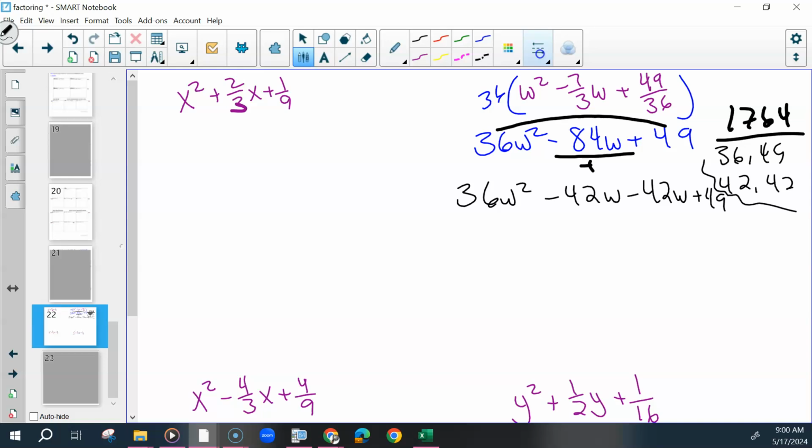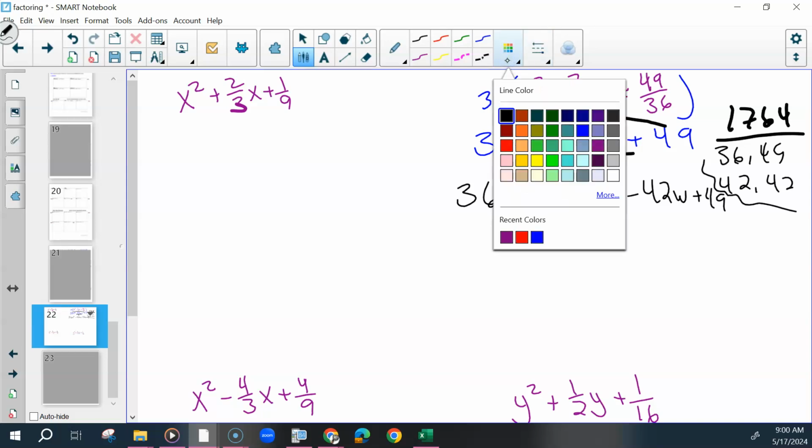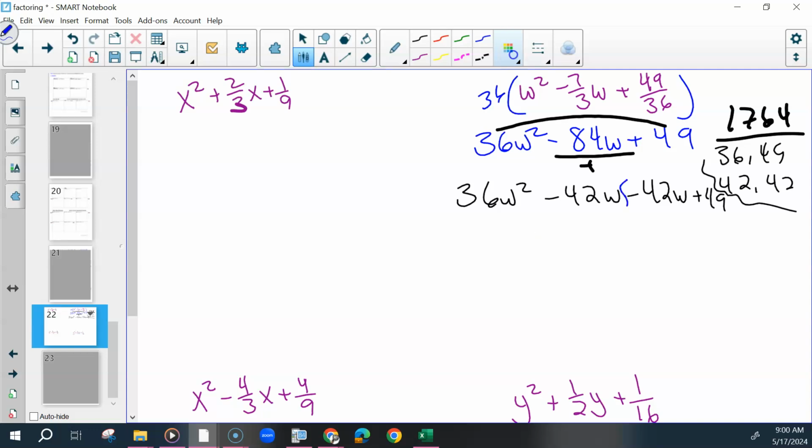So I can make this grouping, 4 terms. Split the middle of that. And then find the GCF of the first 2, which would be 6w.